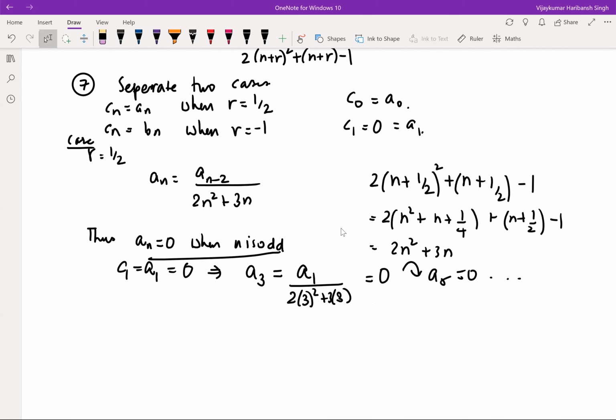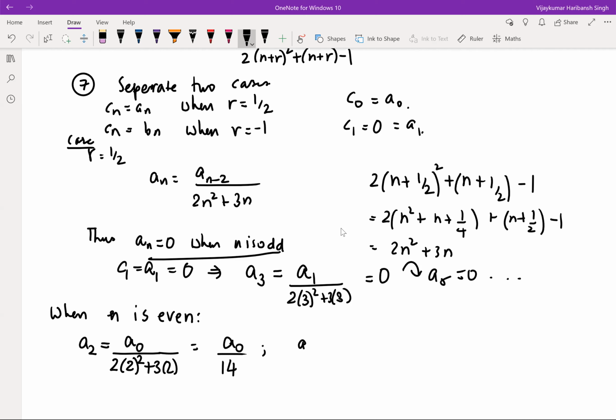Now, when n is even, say we have A2 equals to, so now let's put A2 here. So A2 will be A0 divided by 2 times 2 squared plus 3 times 2, which is going to be 8 plus 6, so 14.